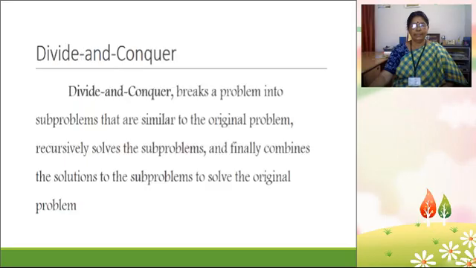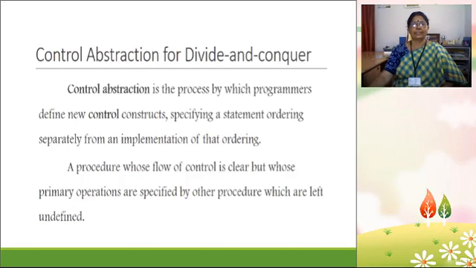Just to review what we discussed in the last class, control abstraction is a procedure whose flow of control is clear, but whose primary operations are specified by other procedures which are left undefined.